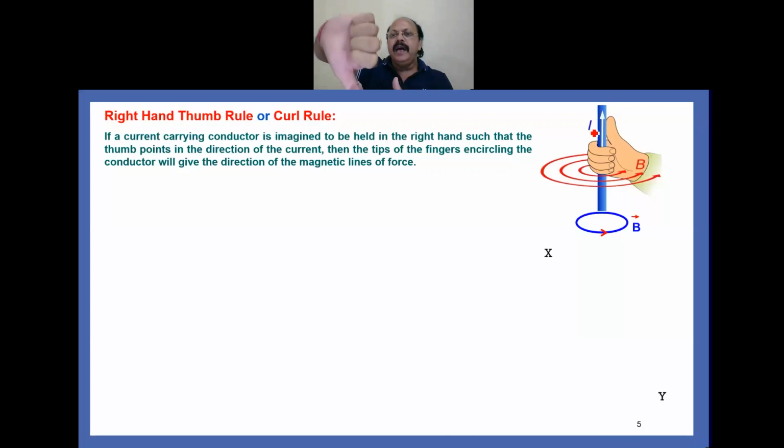If the direction of the current is downward, then again the curl of the fingers gives the direction of magnetic field lines. So when the current is upward, the magnetic field lines are anti-clockwise. When the current is downward, the magnetic field lines are clockwise. So this is about the right hand thumb rule.